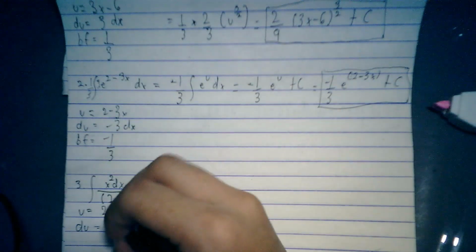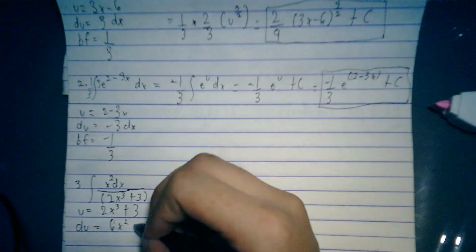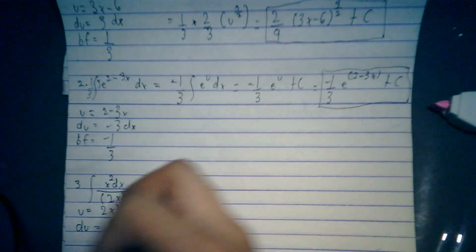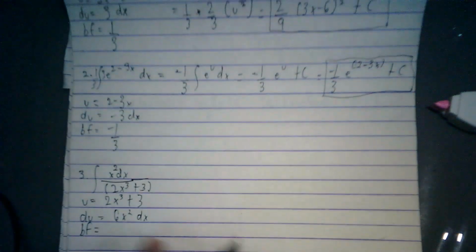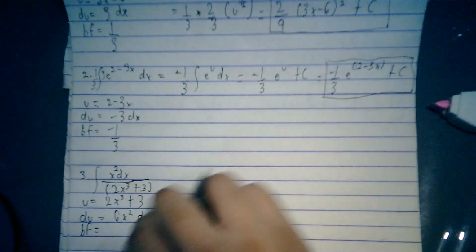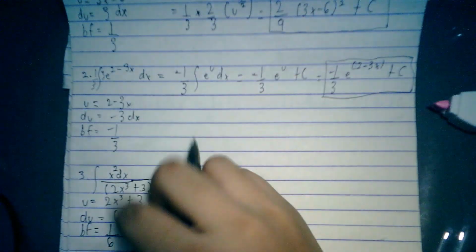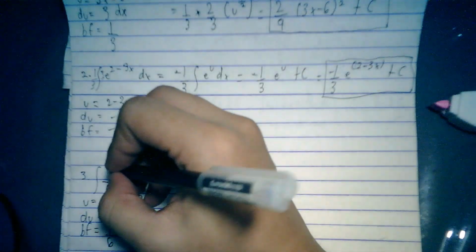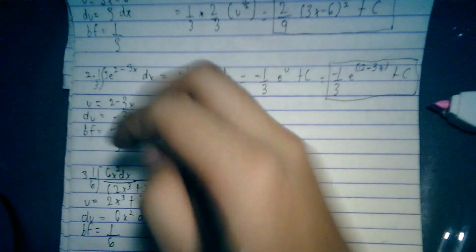That makes 6x squared. 3 here is a constant, so dx. So there is a balancing factor here, that is 6. So the reciprocal of 6 is just 1 over 6. Or you can put here 6x squared and put here 1 over 6 to balance the equation.